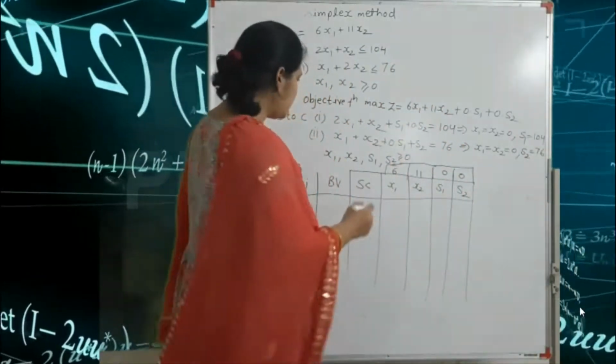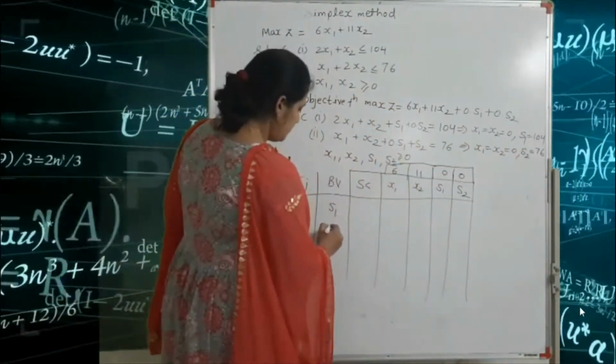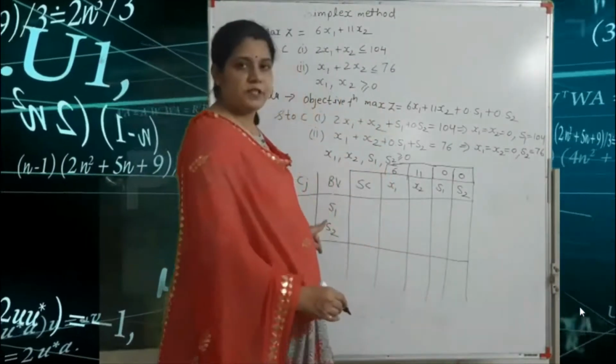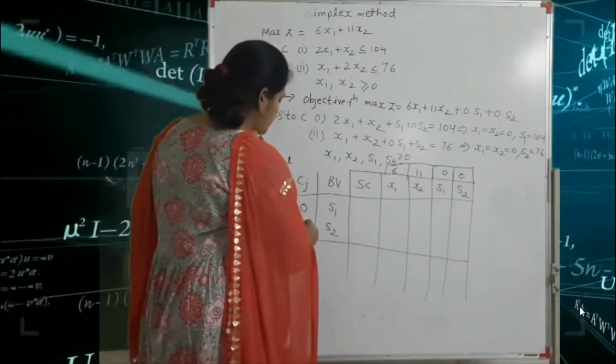Got it? So we write this sequence s1, s2, and according to s1 and s2 the coefficients are 0 and 0.